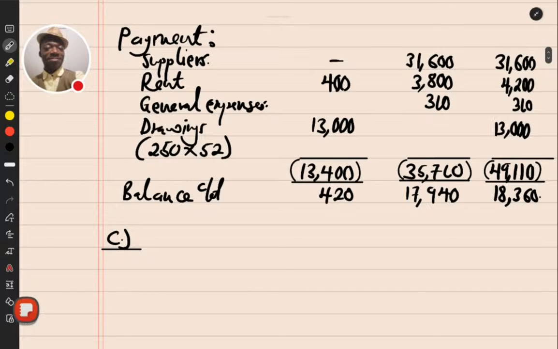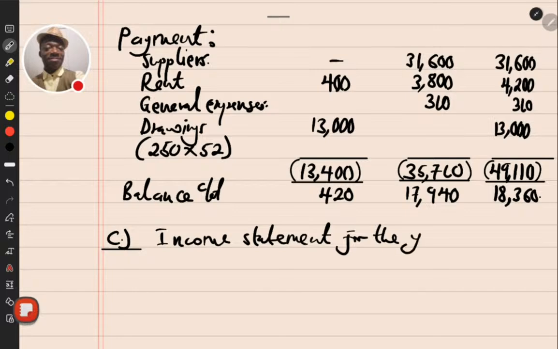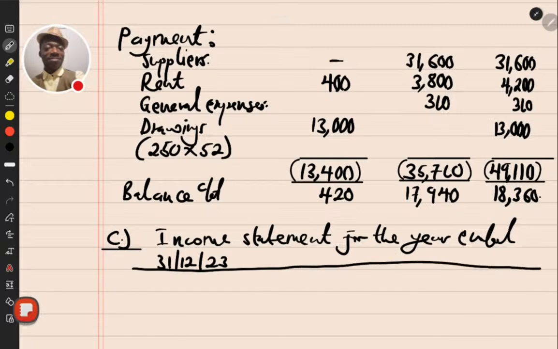So we have our income statement for the year ended 31st December 2023. Align it nicely. You're good to go.